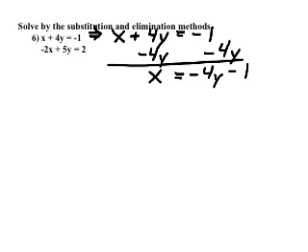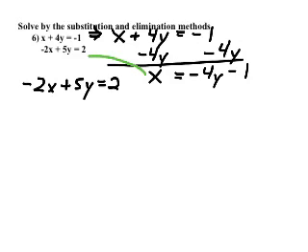So now I'll take my other equation, my negative 2x plus 5y equals 2, and I will substitute this x into that x. It's the same thing. This x equals this, so I substitute that in.